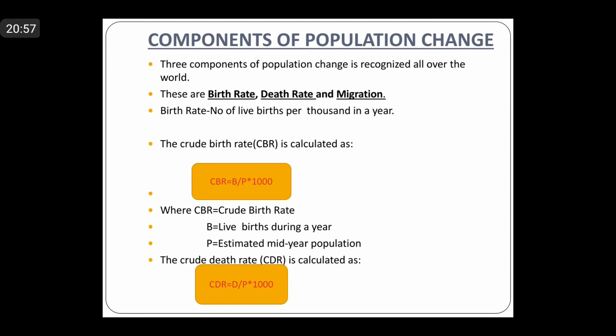And for calculating the crude death rate, no consideration is given to age, that the people have died at which year, I mean at what was the age of that person.